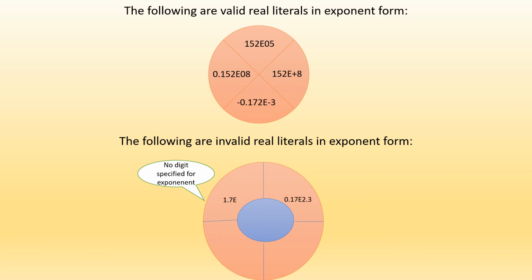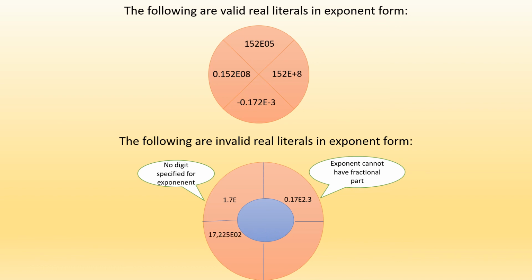Next one is 0.17E2.3. We have already seen that the exponent part should be an integer only, while here in this example the exponent part is 2.3, which is not an integer. That's why it is invalid.